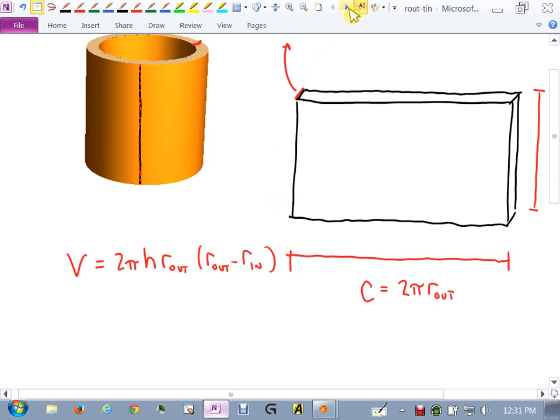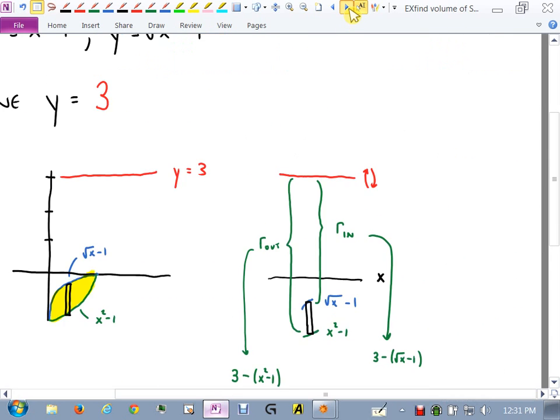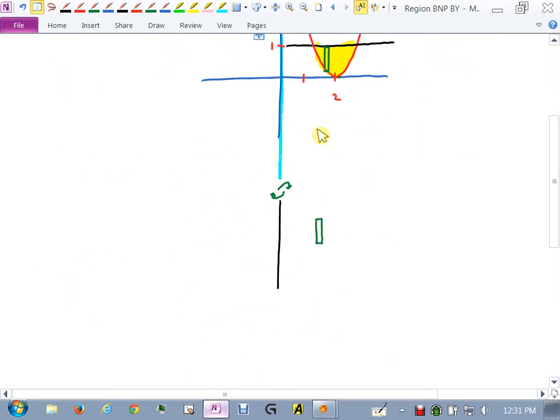Okay, so let's see. If I wrap that around, I'll draw it over here for you. It's going to look like this. That's what we'd have, right? If we did that, you agree? That's that thing wrapped around the y-axis.